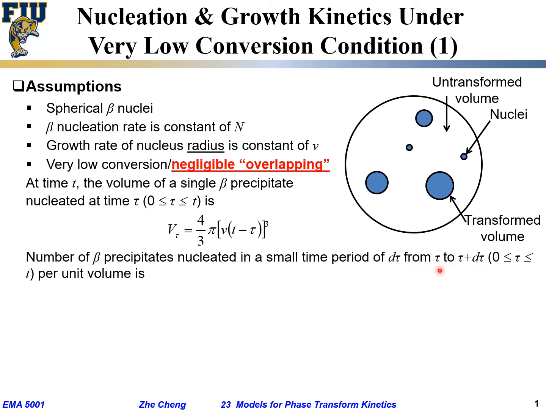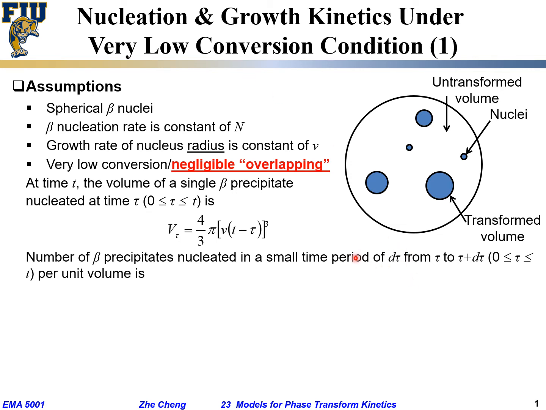Tau is a time point, and tau plus d tau is another time point, slightly later than tau. How much later? d tau. Okay, d tau is our small incremental time.